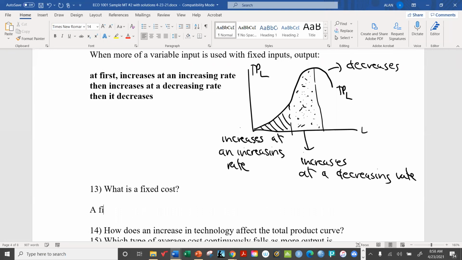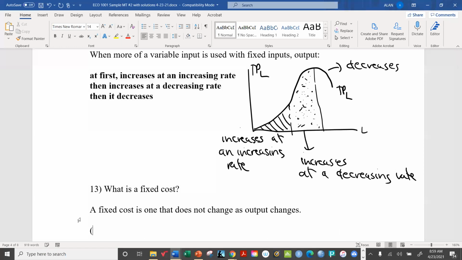All right, now a fixed cost is one that does not change as output changes. Okay, so if you wanted to provide some examples, the rent on a Starbucks store does not depend on the amount of coffee being sold.